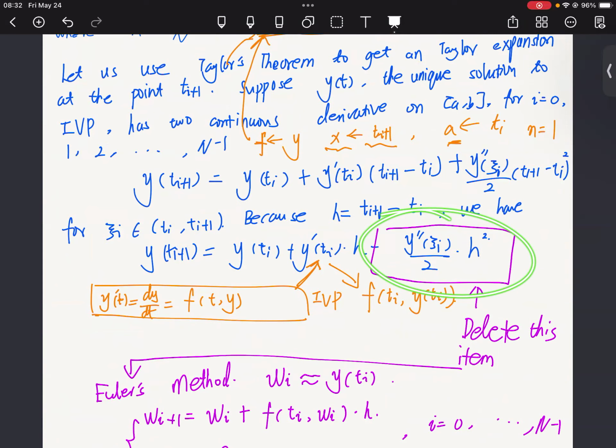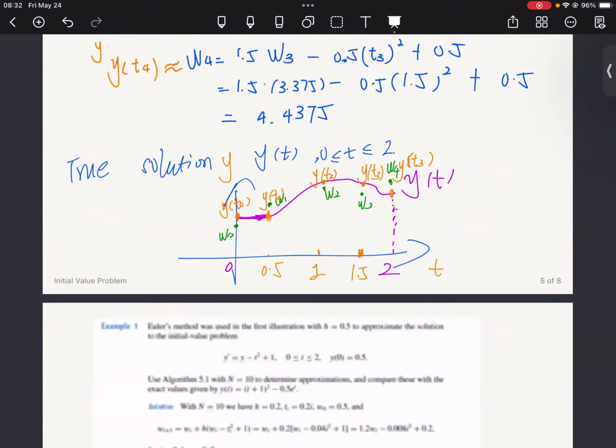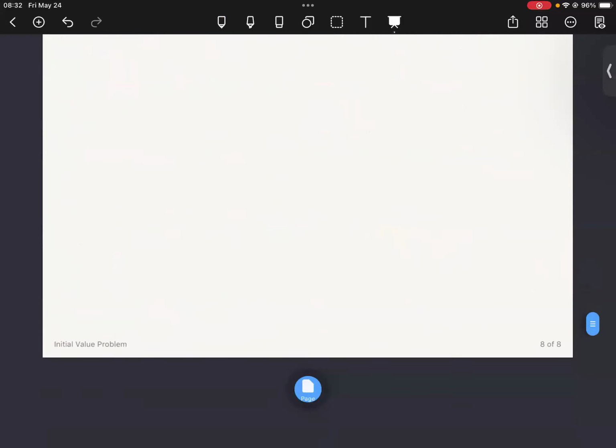So that's the higher order Taylor's method, and this is the next part. The higher order Taylor's method is quite similar to what we have here, but we keep more terms from the higher order Taylor expansion.